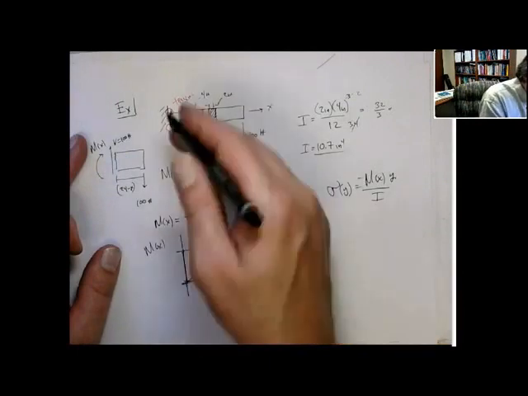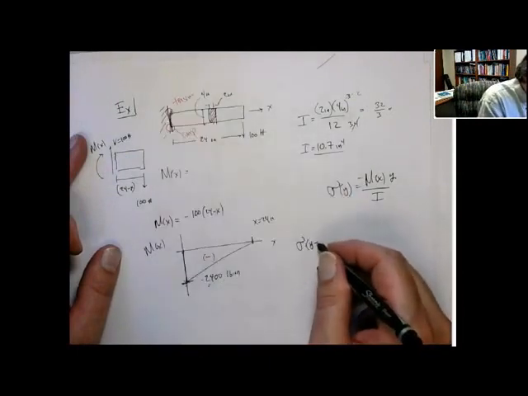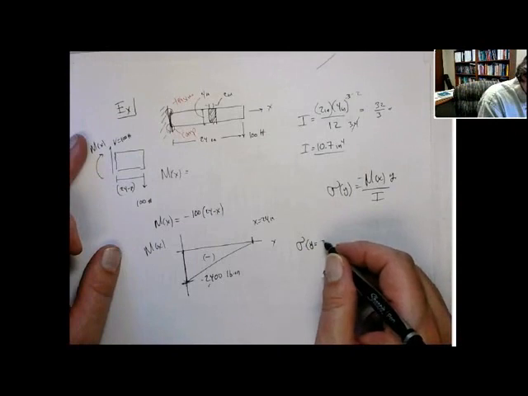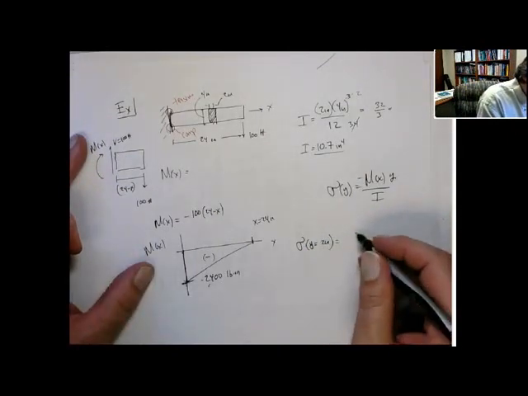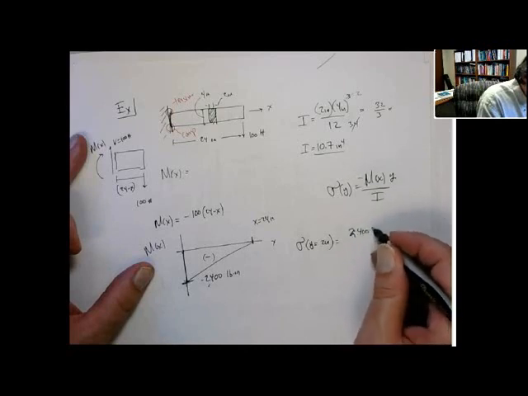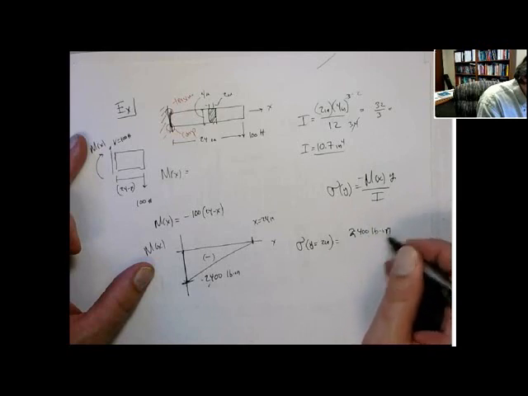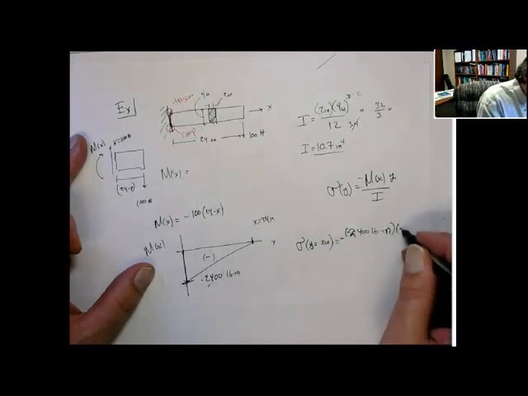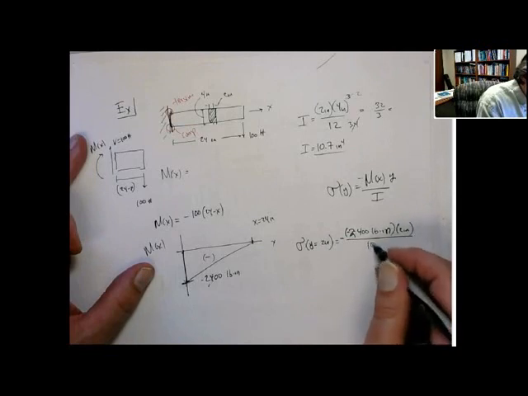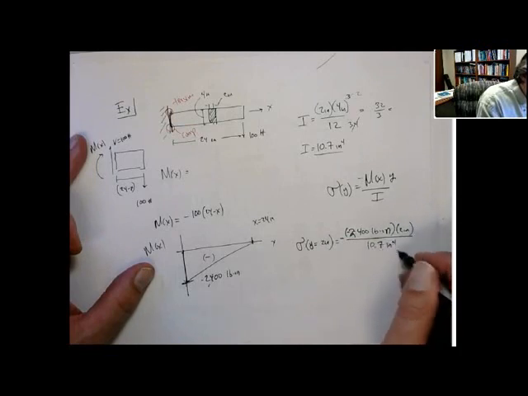Let's do it on the tension side. So this is at y equal to positive 2 inches. The stress equals the bending moment, which is minus 2,400, and we've got a minus times a minus, so it's going to be 2,400 pound inches, times y, which is 2 inches, over I, which we've already figured out is 10.75 inches to the fourth.